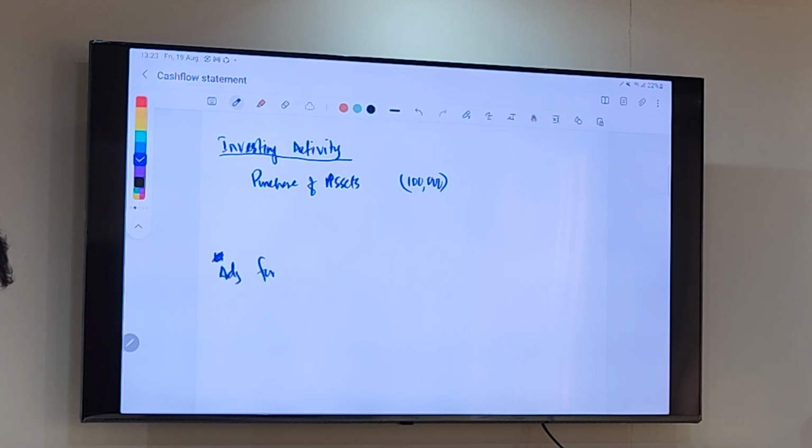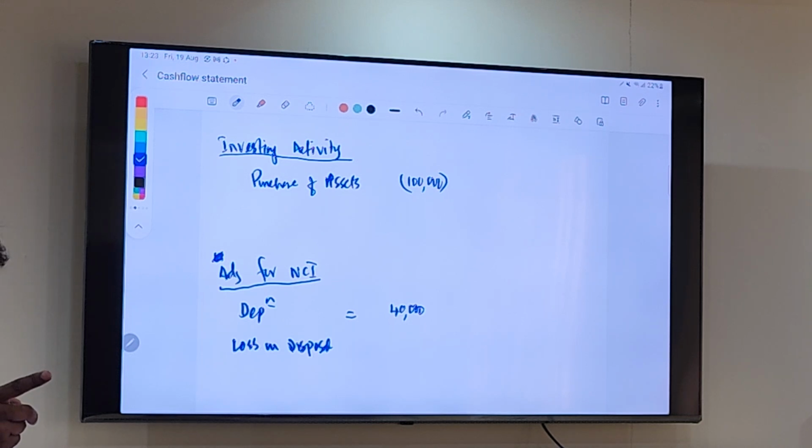Under what do you call that? Adjustments for non-cash items. If you see your format, I discussed this in the last class. Under adjustment for non-cash items, I have depreciation, 40,000. Then loss on disposal, 3,000.